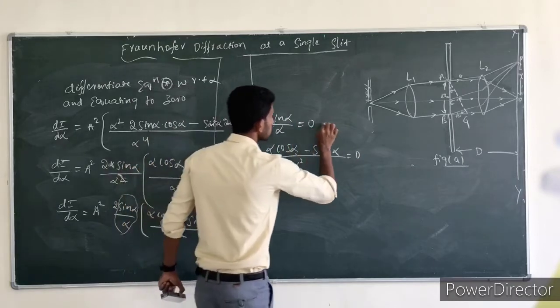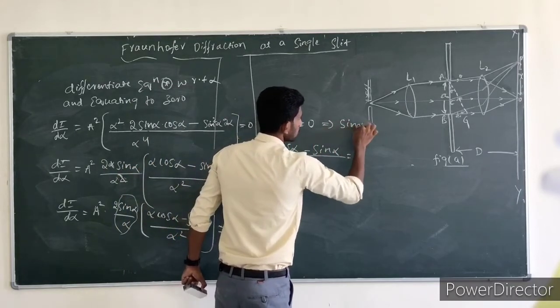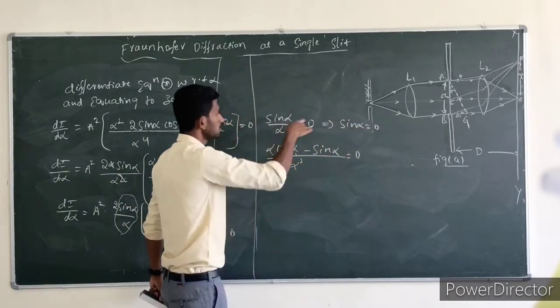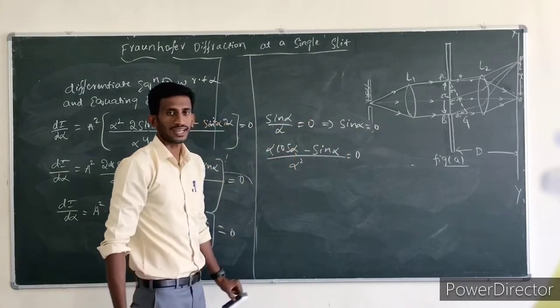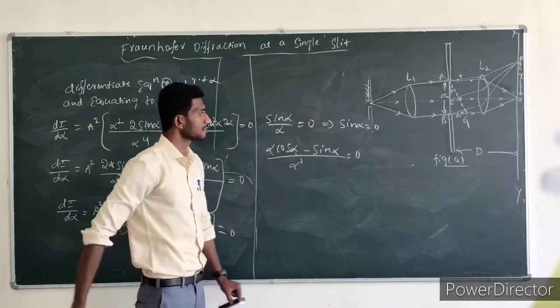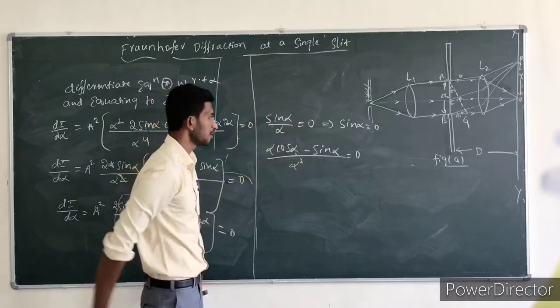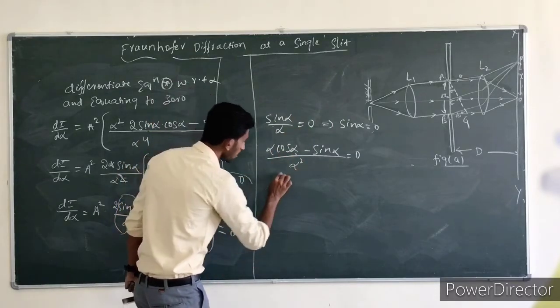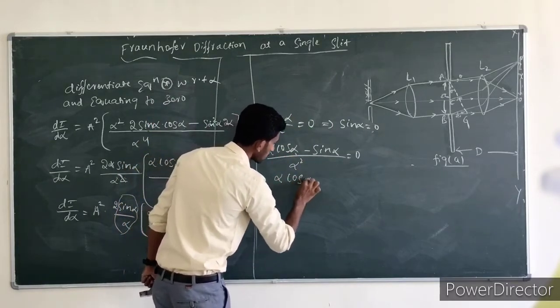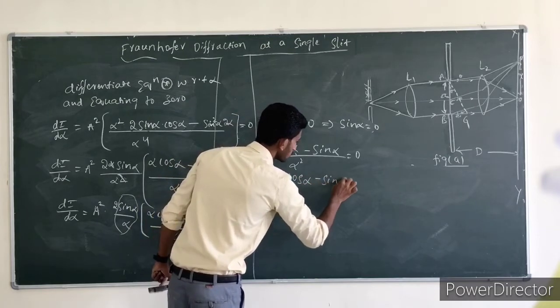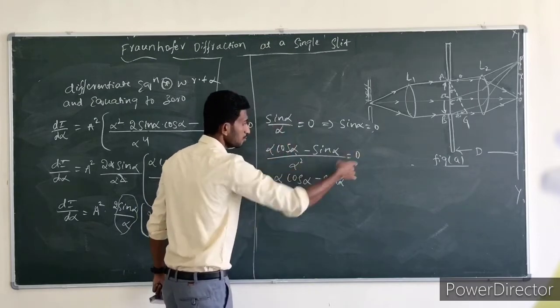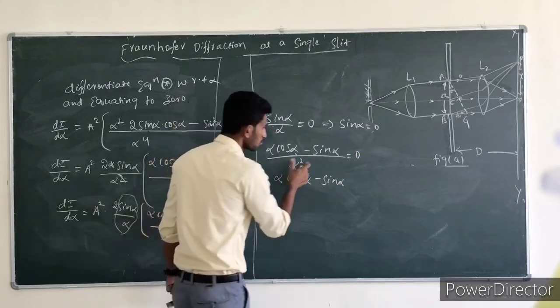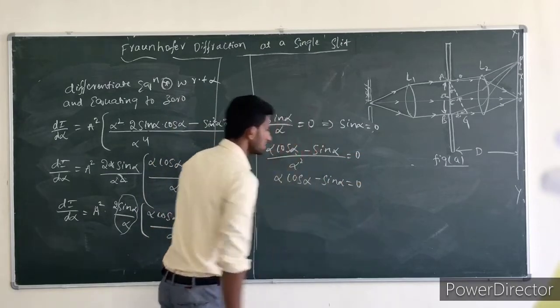So this can be written as sin alpha is equal to 0, because this alpha goes to the RHS side; alpha into 0 is 0. Similarly here, alpha cos alpha minus sin alpha, when this alpha square goes to the RHS, alpha square into 0 is 0.